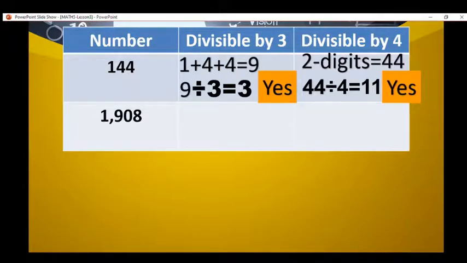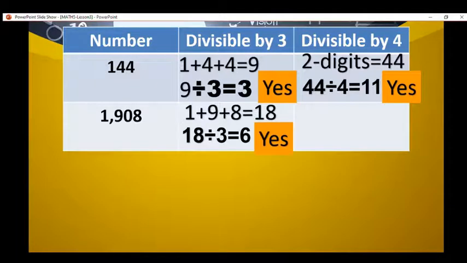So the answer is yes. How about 1,908? We need to add the digits. 1 plus 9 plus 0 plus 8 is equal to 18. So 18 is divisible by 3, it's yes. How about 4? 1,908. What are the last two digits of our number? Very good. It is 08 or 8.